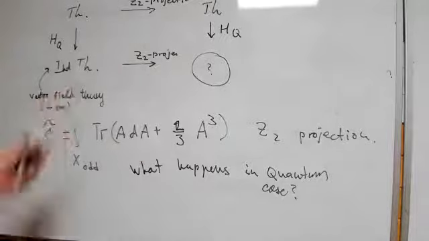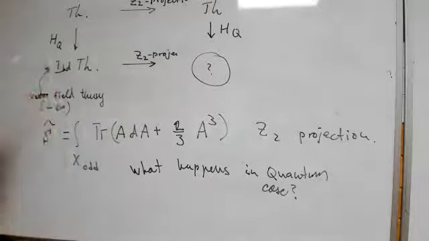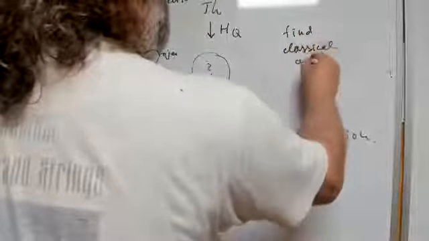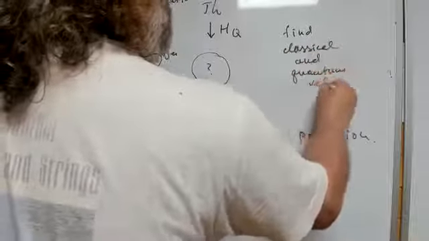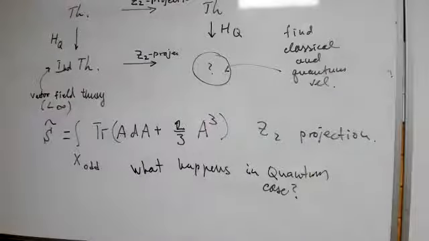The question is how they are related classically and quantum and not quantum. So this is a purely theoretical question, and there are examples.